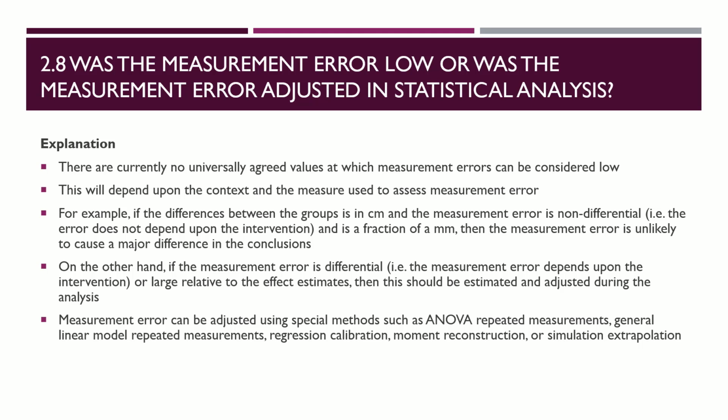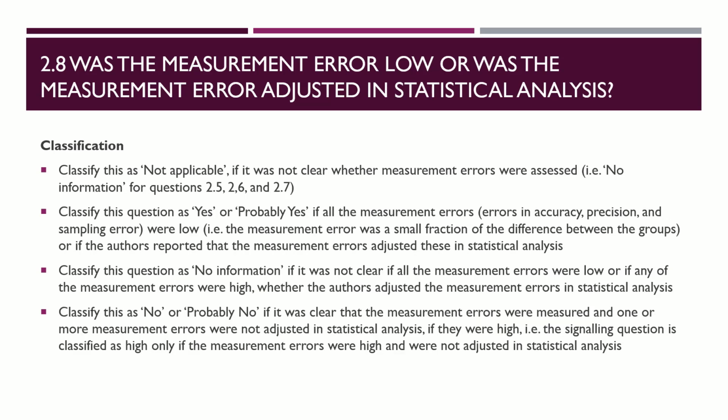Now, measurement error can be adjusted using special methods such as ANOVA repeated measurements, general linear model of repeated measurements, regression calibration, moment reconstruction, or simulation extrapolation, and so on. So there are specific methods, and we want to find out if the authors have used some of these methods to adjust the errors.